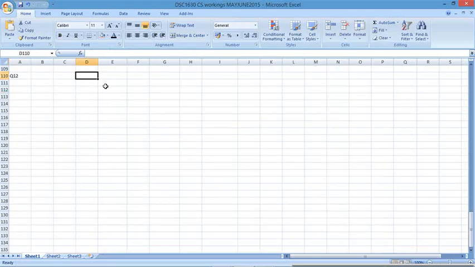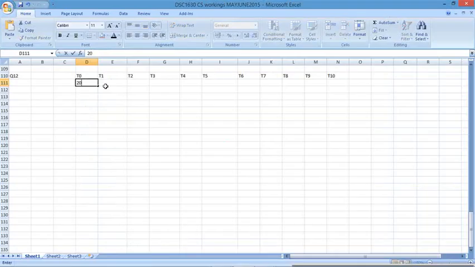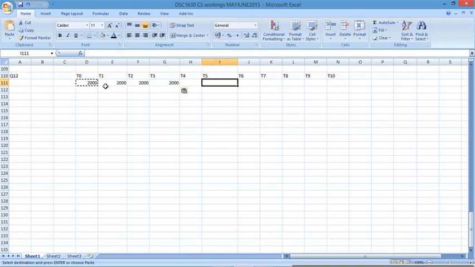A good idea would be to draw a timeline and put all the cash flows: 2,000 at the beginning of each year, and then 5,000 at the end of each year.